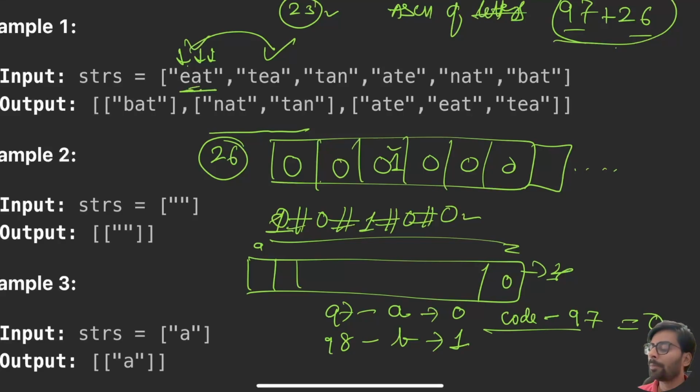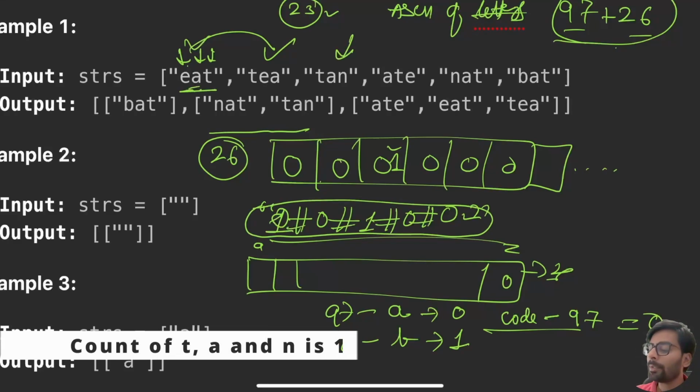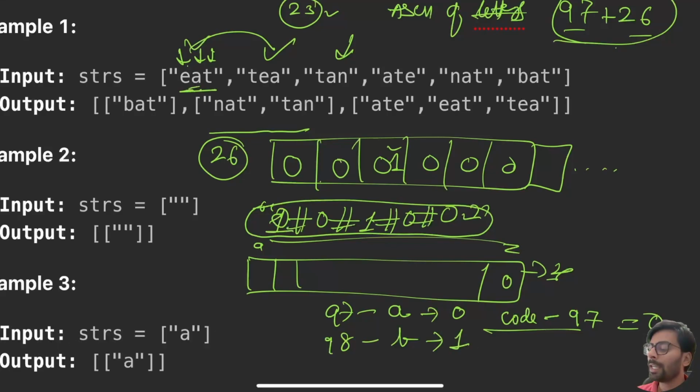Then at the end, after getting this array, we can just combine all the values inside a string. So if we have two words, let's say ten and nat, both have t once, both have a once, both have n once, right? So in this array at the t position we will have value 1, at the position of a we will have value 1, and at the position of n we'll have the value of 1.